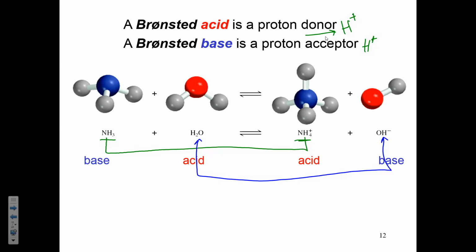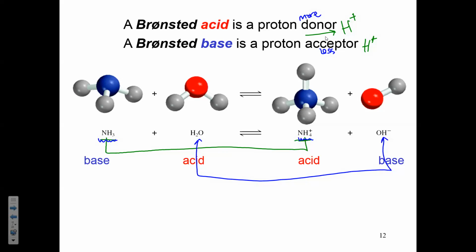And then the one thing that we want to figure out is which one has more hydrogen and which one has less hydrogen. If we look here, NH3 has less hydrogen than NH4. So a Bronsted acid has more hydrogen than a Bronsted base, which has less hydrogen.